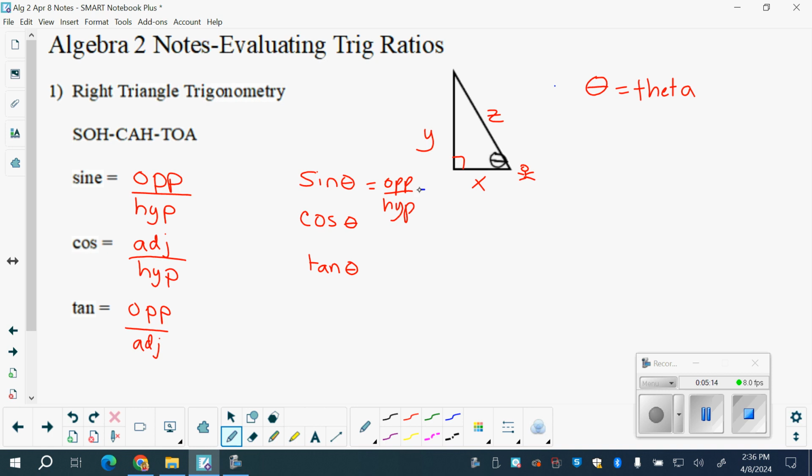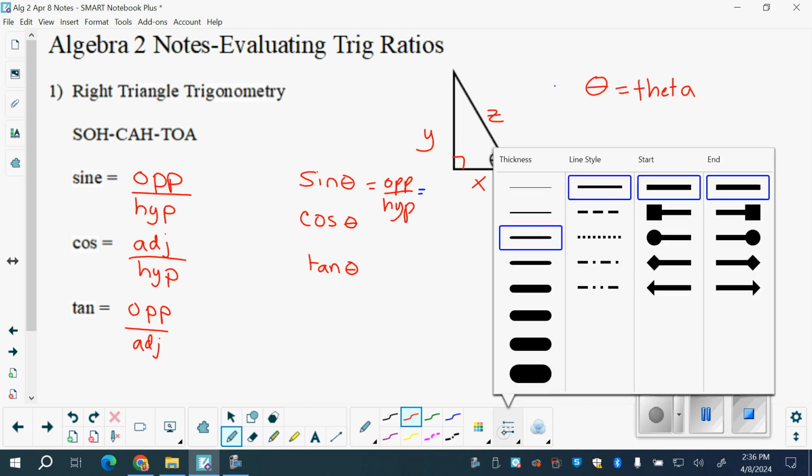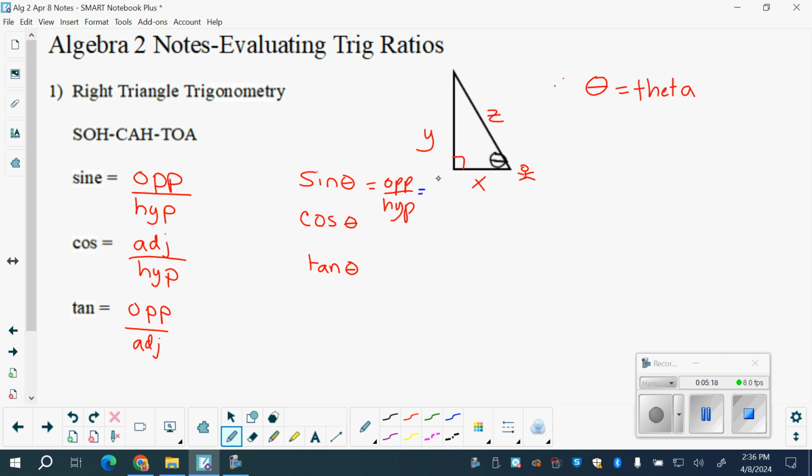So it is y over the hypotenuse, which is z. Does that make sense? Did you have a question on that? No. Okay. And then cosine of theta.